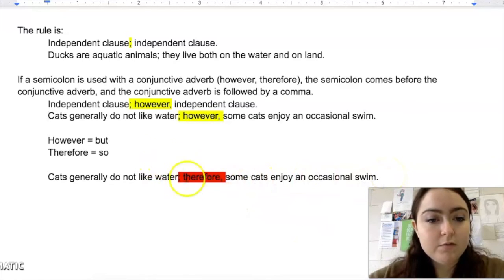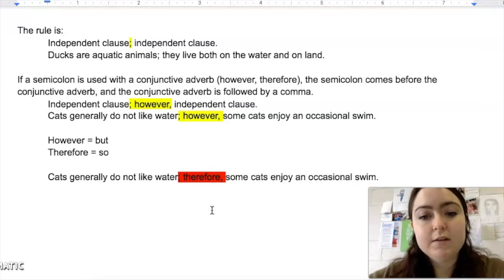Let's replace therefore with so and see if it makes sense. Cats generally do not like water, so some cats enjoy an occasional swim. Nah, that would not be correct. It would make sense if you replace therefore with however, because you could say, cats generally do not like water, but some cats enjoy an occasional swim, because these two clauses are in contrast with each other, so it makes sense to put but.